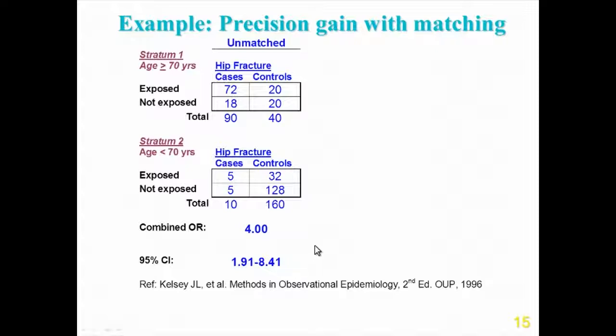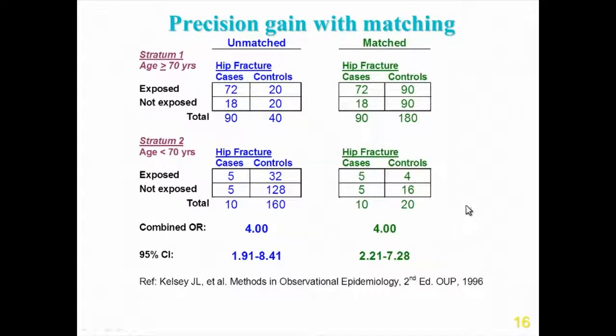However, if we were to match our case group, still maintaining a 1 to 2 ratio of cases to controls, but matching on age, we might end up with something like this. In both age strata, we have a 2 to 1 ratio of controls to cases.